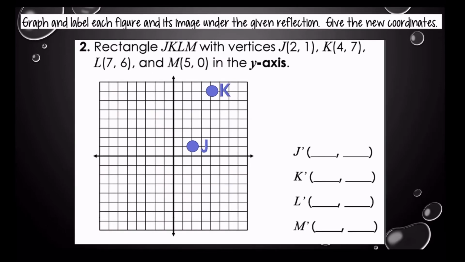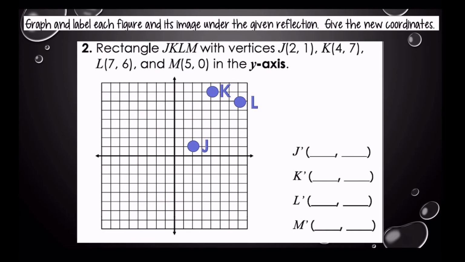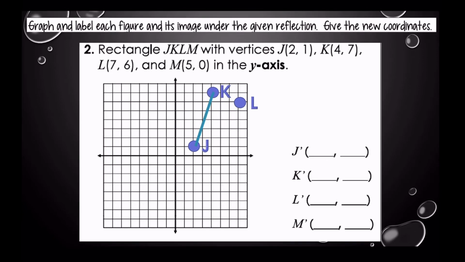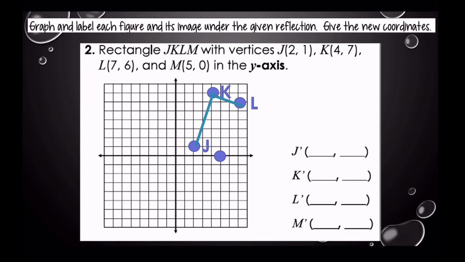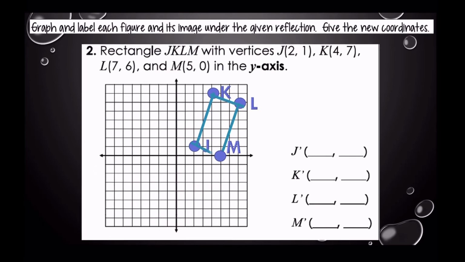Put its label. Then I have L, which was right 7, up 6, and put its label. This makes a huge difference. Then I have 5, 0, oops, sorry. Let's put my point first and label it. Then connect, okay? So we have a rectangle right here, ladies and gentlemen.